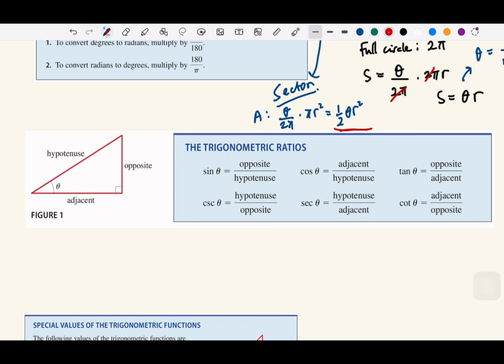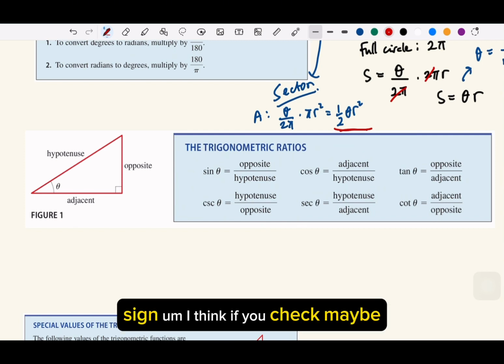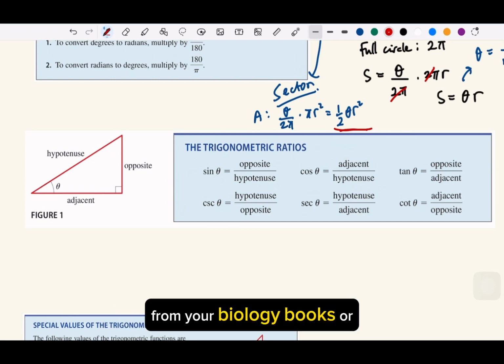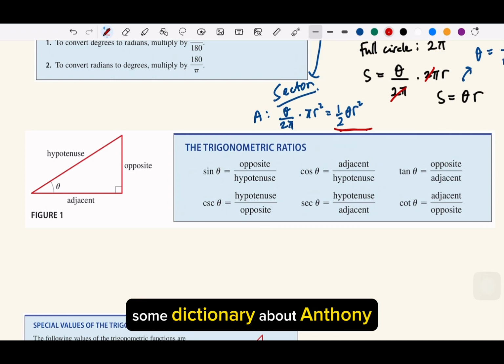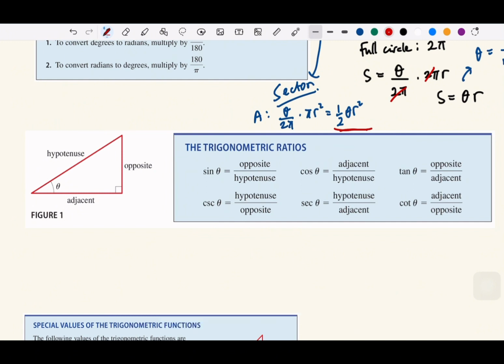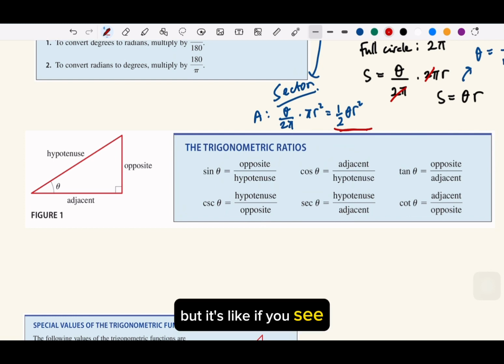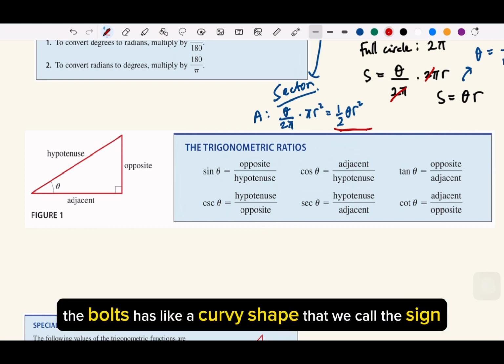The sine, if you check maybe your biology books or some dictionary about anatomy, inside your nose, we call it sinus also. If you see the bones, it has a curvy shape that we call the sinus.